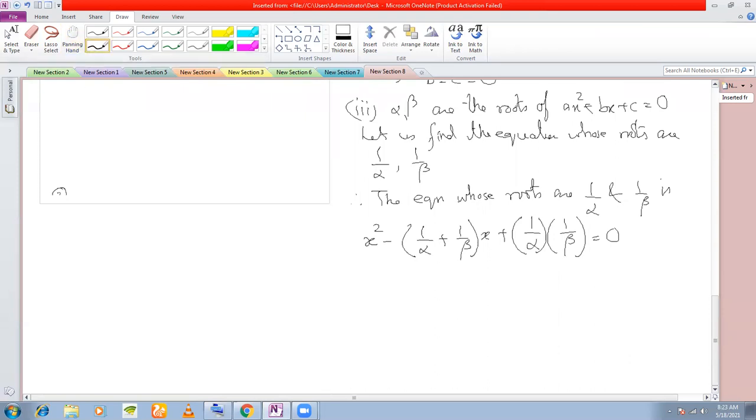So here, above what do we have? x square minus sum of the roots, you take the LCM here. Sum of the roots here is minus b by a.